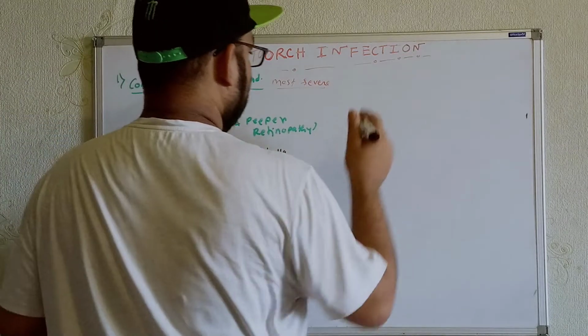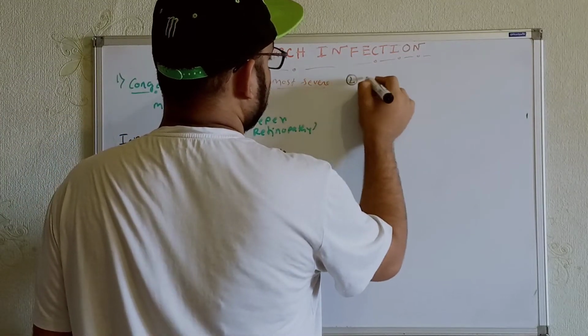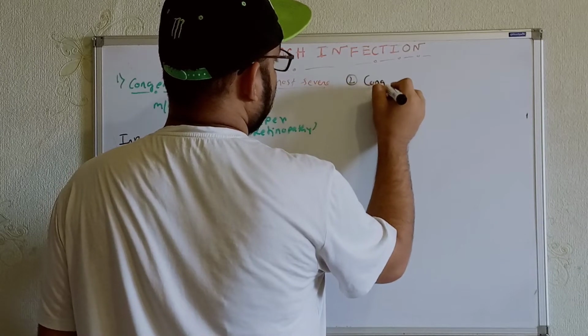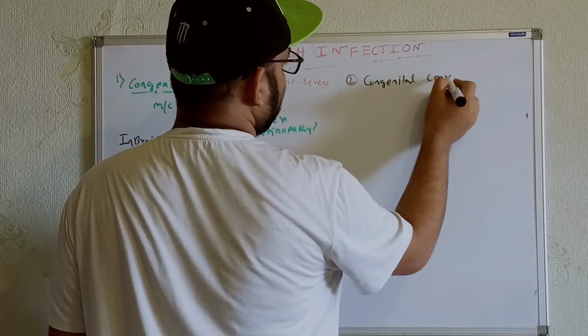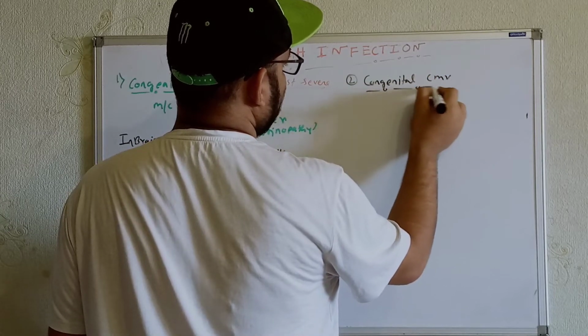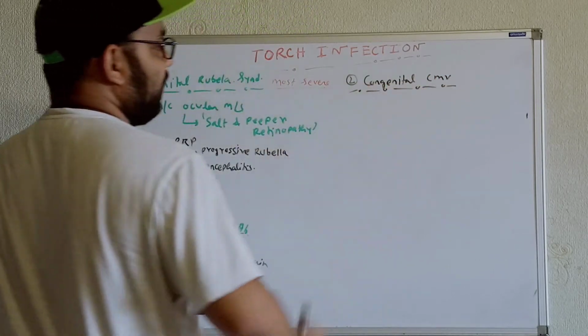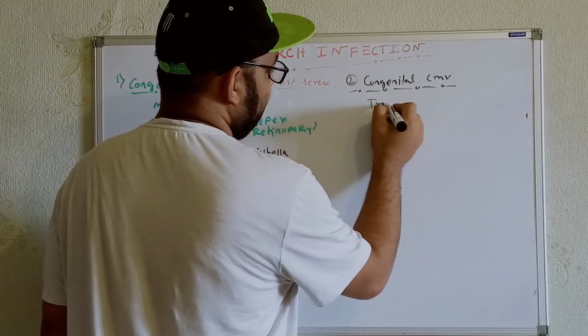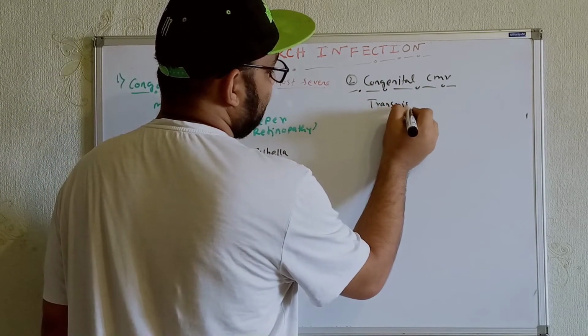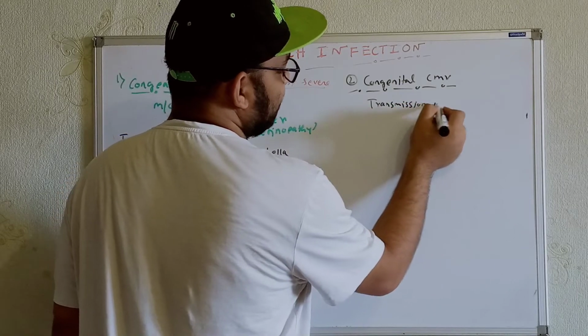Now, the second type we'll talk about is congenital cytomegalovirus. Okay, now see. In these cases, we need to know that the transmission we will see is around the third trimester.